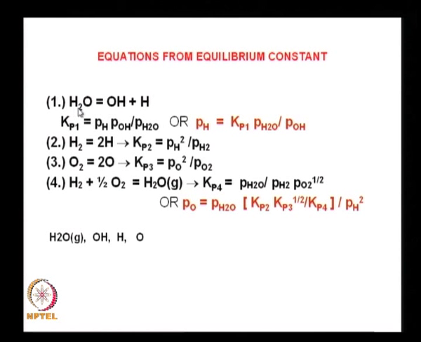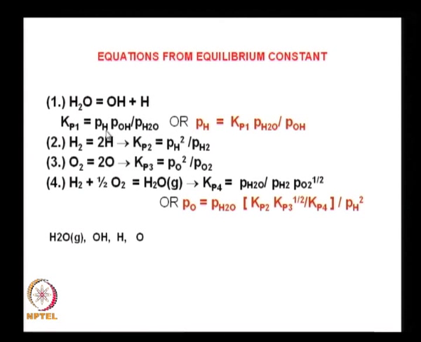Well, let us say H2O could have dissociated to OH and H. If this is the case, then the equilibrium constant for this reaction is equal to the partial pressure of OH into the partial pressure of H divided by the partial pressure of H2O. We said we could express it as a concentration, which is Kc, or in terms of fugacity, but for ease we said let us use partial pressure itself.